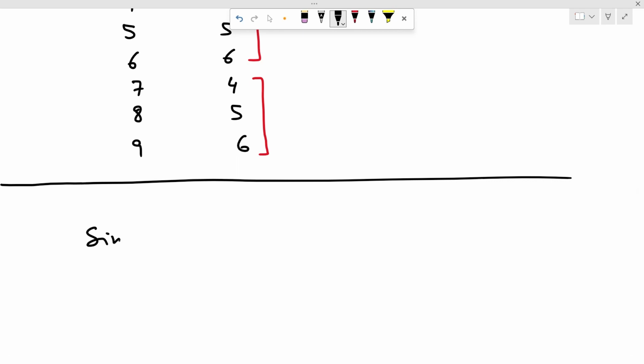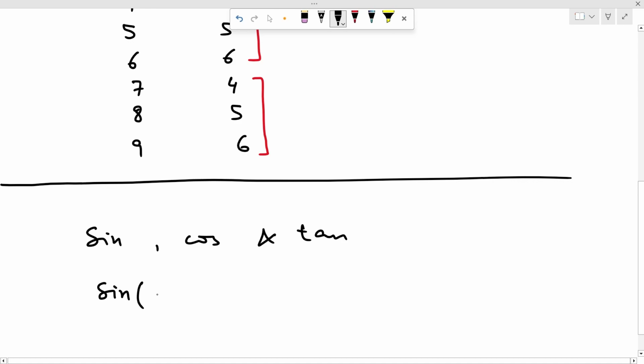Well, the sine, the cos, and the tan, the three basic trigonometric ratios, can also be seen as functions. But how come they are functions? Well, they take angles as inputs.